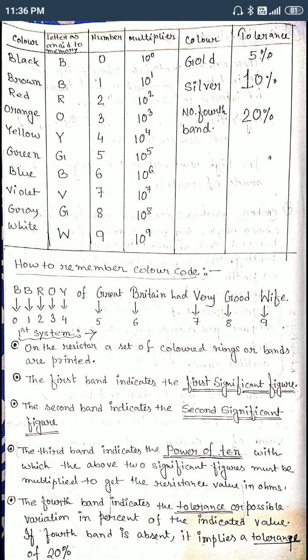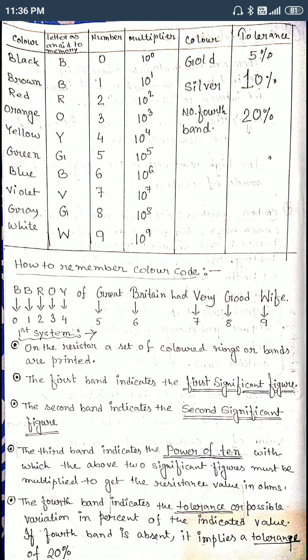The third band indicates a power of 10, that is the multiplier. Suppose white is present, then the first and second significant figures together are multiplied by that power of 10, 10 to the power 9 if white is present, to get the resistance value in ohm.